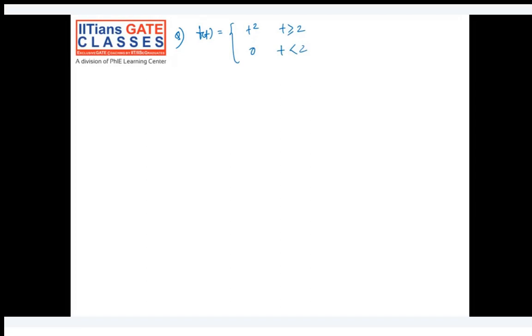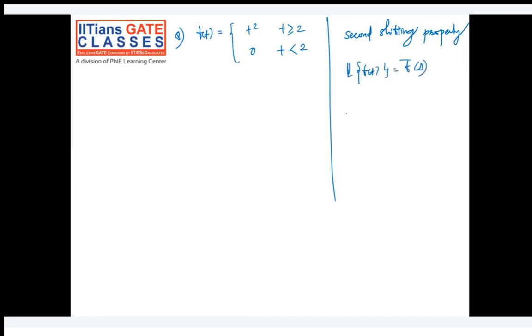If you remember the definition of the second shifting property, what is that? Laplace transform of f of t is f bar of s, right? This we know.